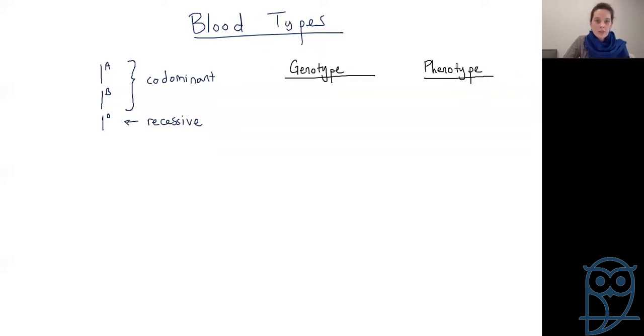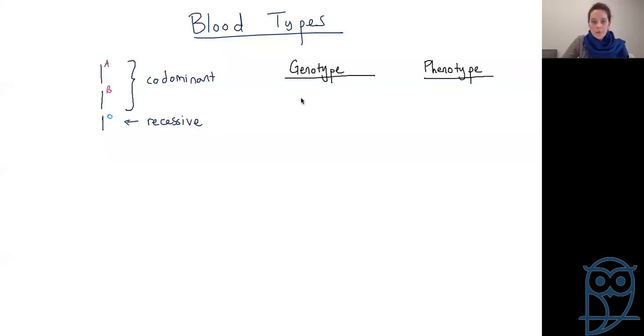And let's get them in different colors, actually, so it's a little easier to see. Okay, so A shall be purple, B shall be pink, and O shall be blue to make him really obvious that he's different because he's recessive.